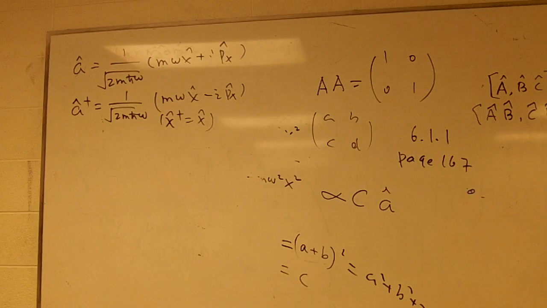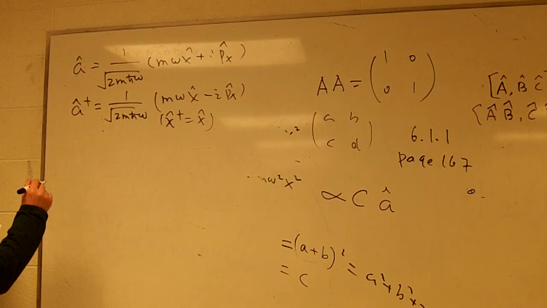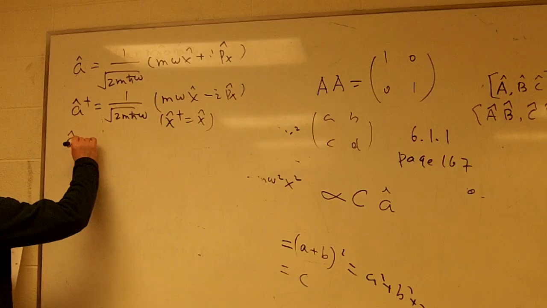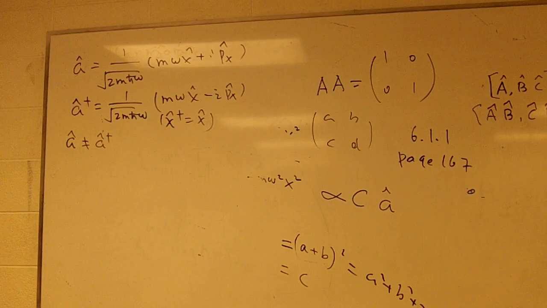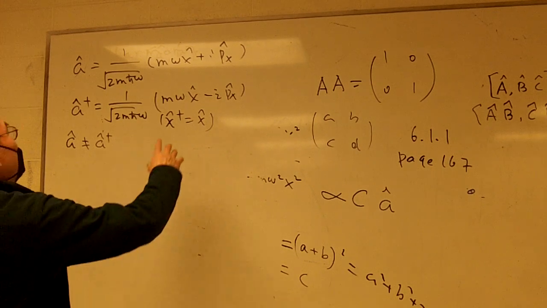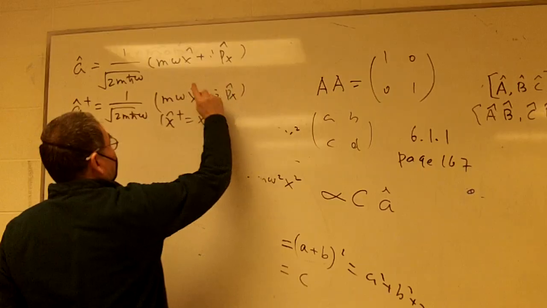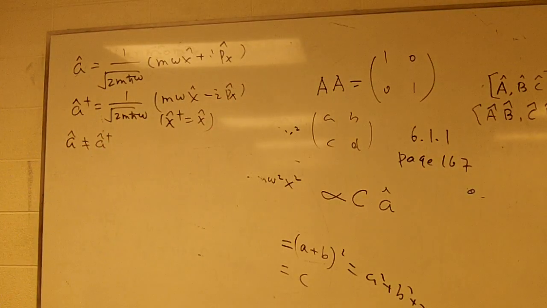These two operators are called ladder operators. And you can show a dagger does not equal a. Pretty clearly one has a positive sign and the other a negative, so they won't be equal to each other.